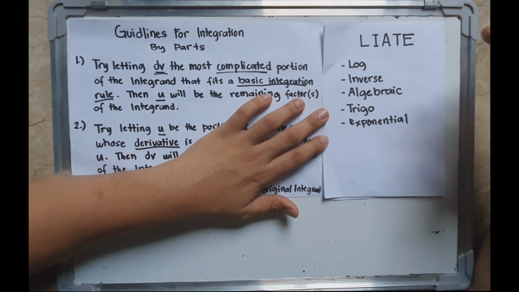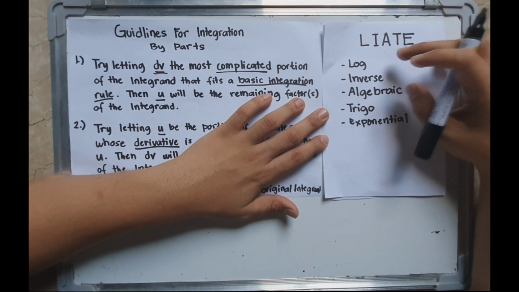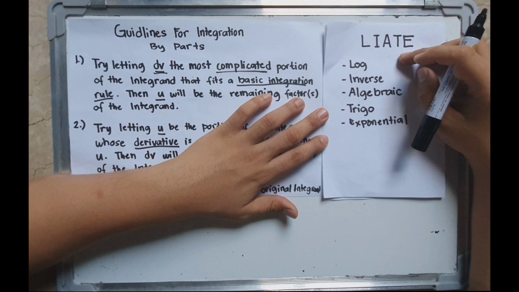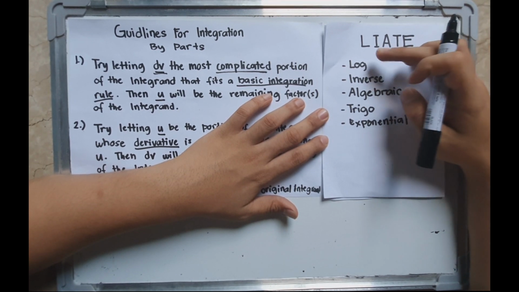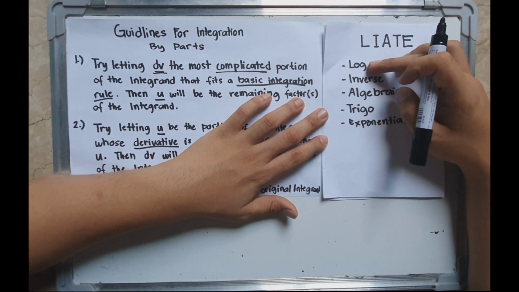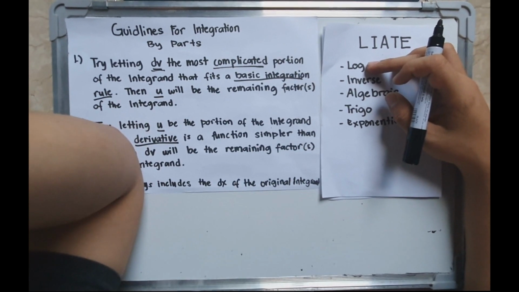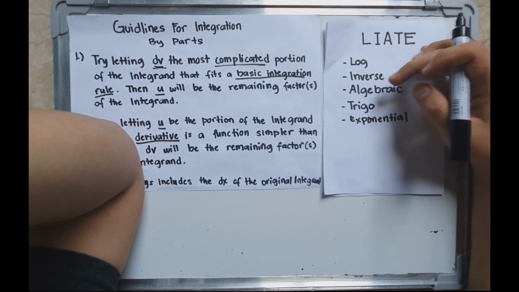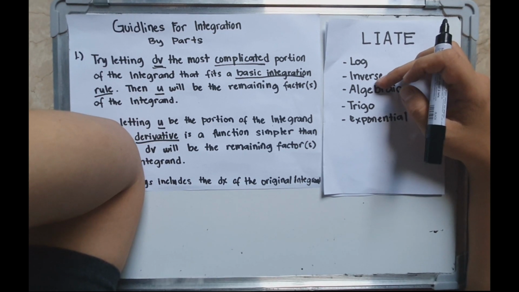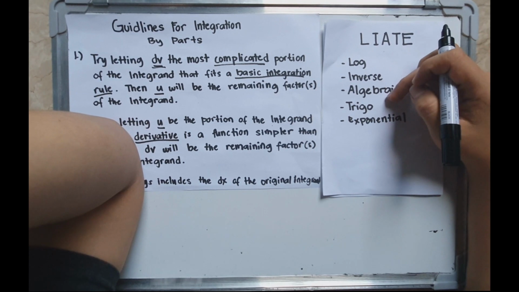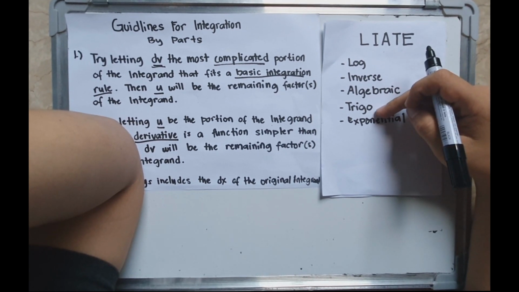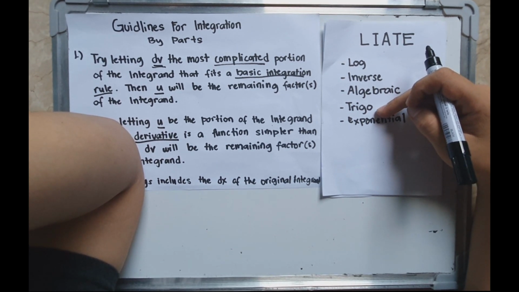In this particular abbreviation, LIATE, we'll assign u for the logarithmic and the rest will be the dv. We will assign u as the inverse and the rest will be the dv. We'll assign algebraic as the u and the rest will be the dv. We'll assign trigonometric function as the u and the rest will be the dv.